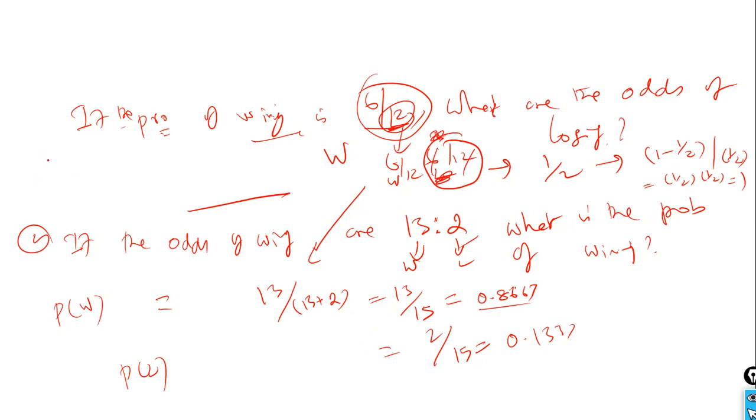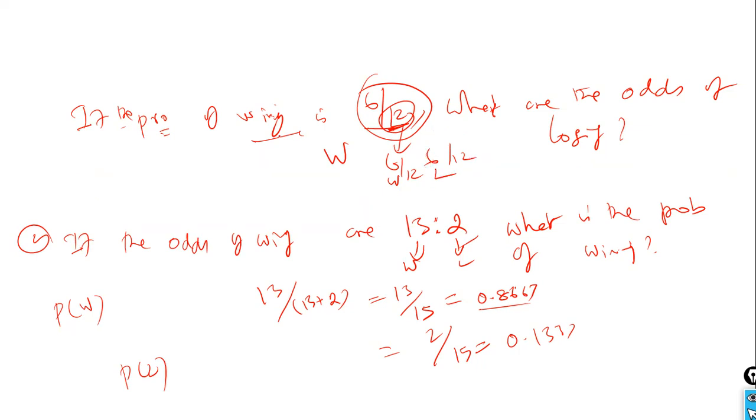Let me write it down. Remember, odds of winning. Here it is 1 by 2 divided by losing, right? And odds of losing means the probability of losing, 1 by 2, divided by odds of winning, right?